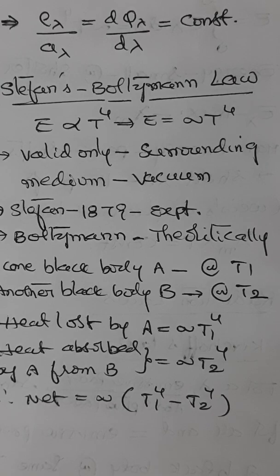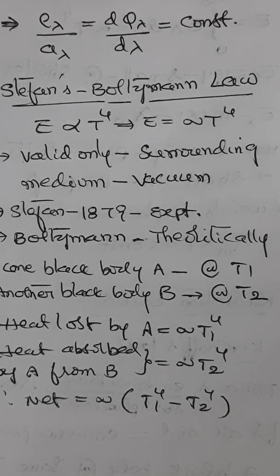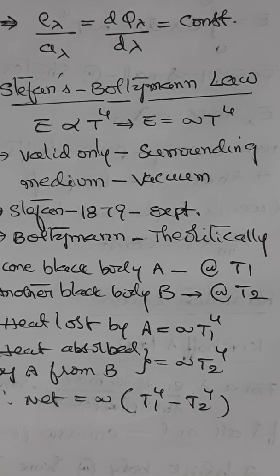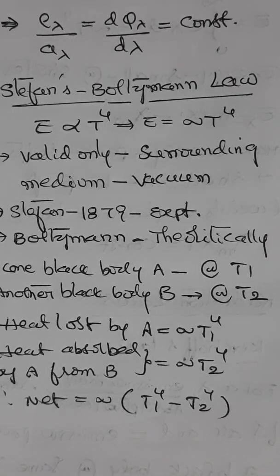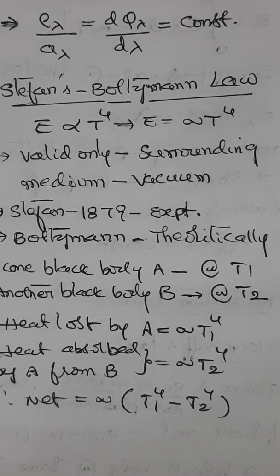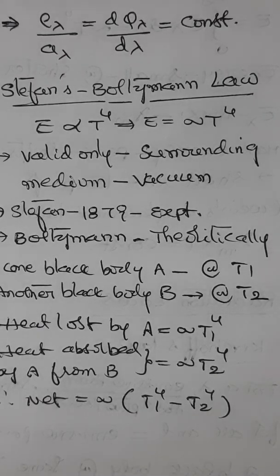The amount of heat lost by one body should be equal to the amount of heat gained by the other body. Sigma T1 power 4 is the heat lost by the first body. Sigma T2 power 4 is the heat absorbed by the second body from the first body.